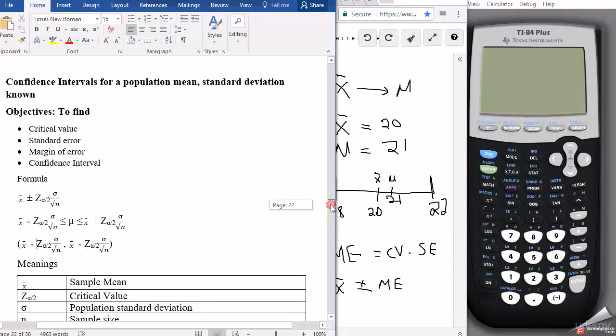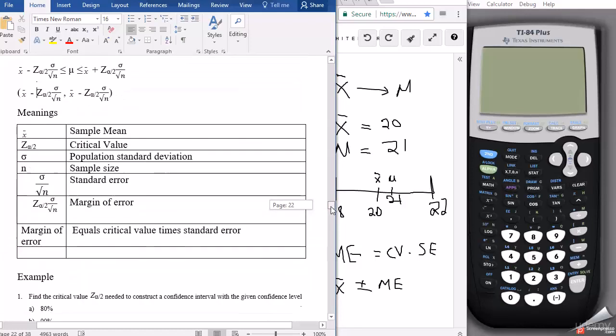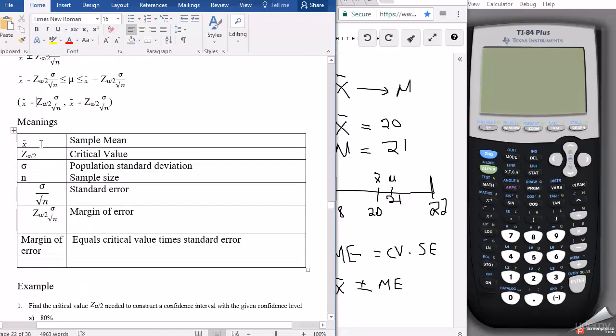On the table below, we can see that we have defined what each term means. X bar is the sample mean, z alpha over 2 is the critical value, sigma is the population standard deviation, n is the sample size. Then sigma divided by the square root of n is our standard error. Then the margin of error is the critical value times the standard error. You can see it up here, critical value times standard error gives you the margin of error.